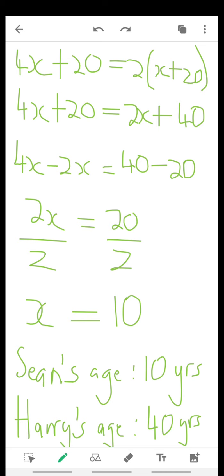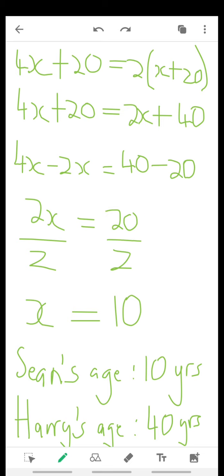Okay, so we're going to distribute the 2, multiply. 2 times x is 2x, 2 times 20 is 40. Then we take the 2x to the other side. We'll be getting minus 2x. Then we take the plus 20 to the other side, and we'll be getting a minus 20. Okay, 4x minus 2x is 2x, equals 40 minus 20 will be 20.